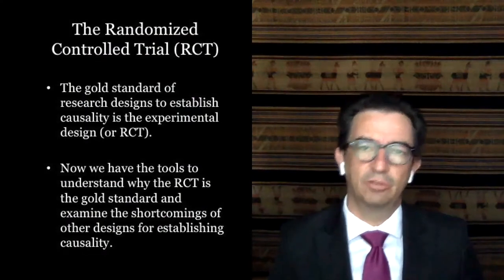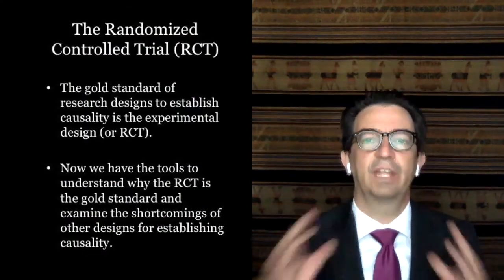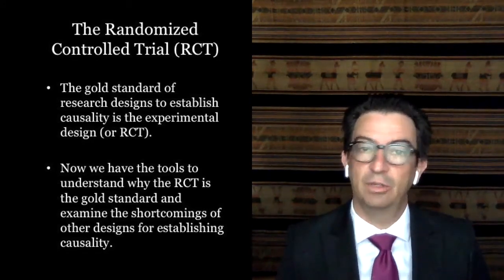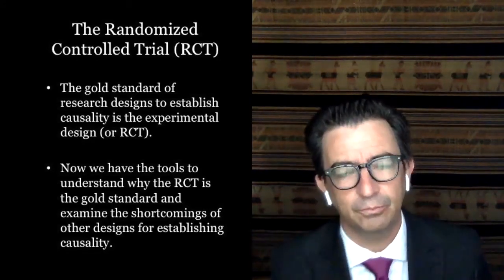Now, we said that there is a way to do this. And we discussed in a previous lecture that the best way to prove these three conditions is by using the randomized controlled trial design. We said that the randomized controlled trial is the gold standard of research designs to evaluate causality.